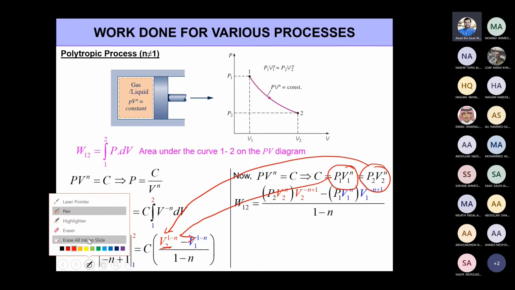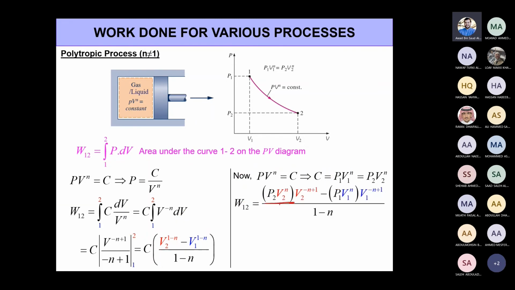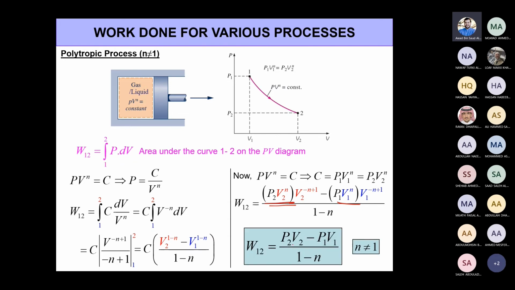When you do so, this is what you get: P2 V2^n times V2 raised to minus n plus 1, and P1 V1^n times V1 raised to minus n plus 1. So when you do the math, W12 comes out to be (P2 V2 minus P1 V1) divided by (1 minus n).